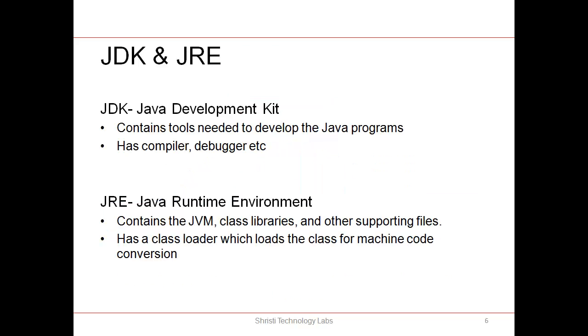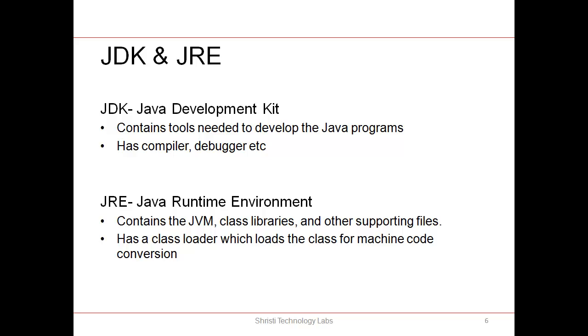What is JDK? JDK is Java Development Kit. JRE is Java Runtime Environment. JDK is used to develop the Java programs. It has got a compiler, a debugger to compile the Java program and to get the class file. What is JRE? JRE is the Java Runtime Environment.